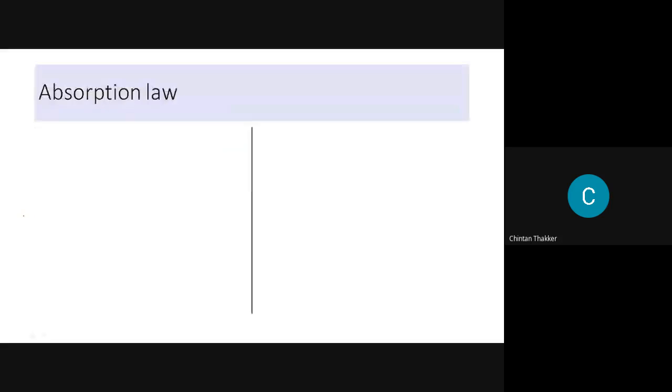Okay, then the third theorem is the absorption law.